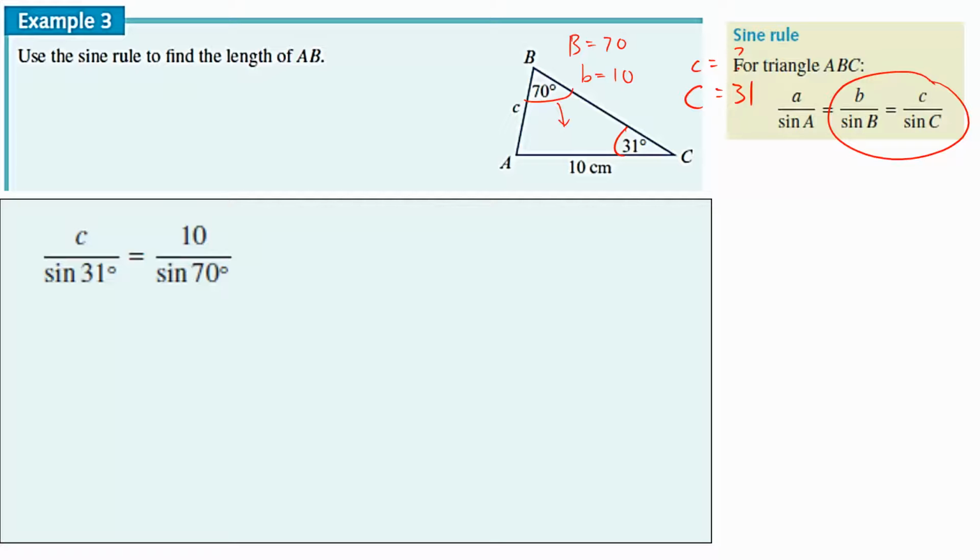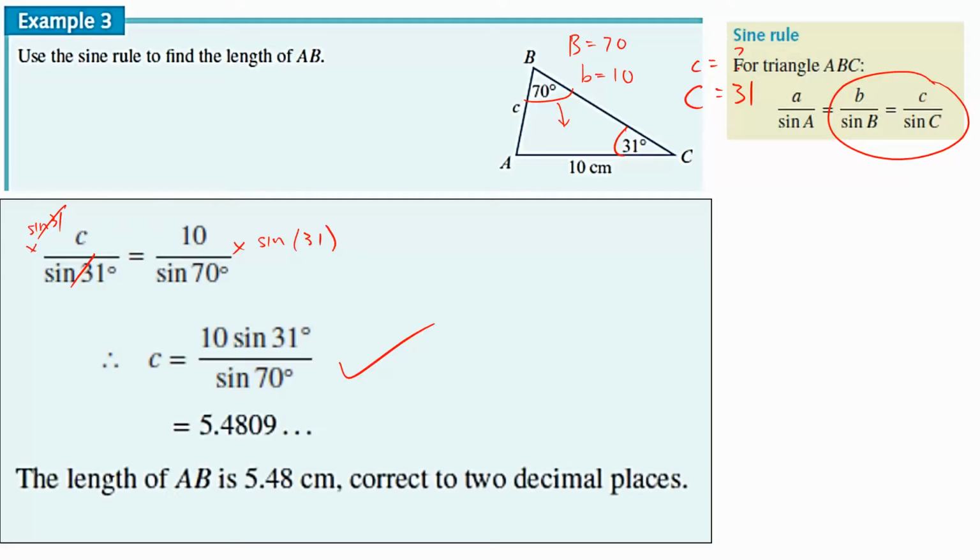If you just multiply both sides by sine 31, that allows you to figure out the length of c in a non-right angle triangle using the sine rule.